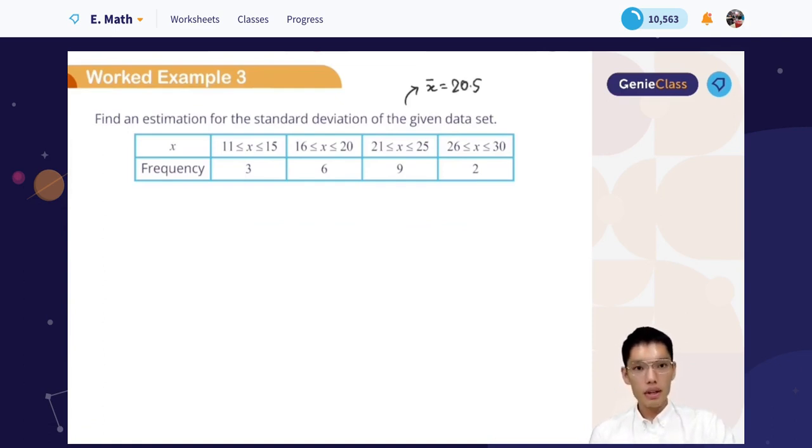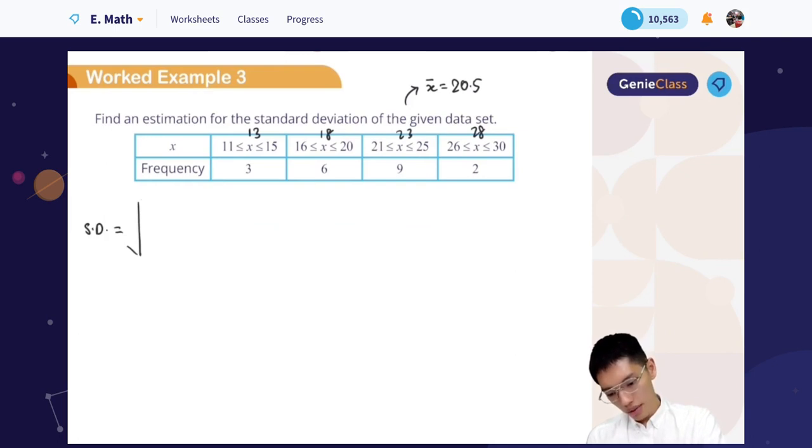Again, this is going to be very long, so I'll just write it out for you all. Standard deviation, again, we take the middle data, 13, 18, sorry for that, 18, 23, and 28. So what we do, again, we only square the x value.